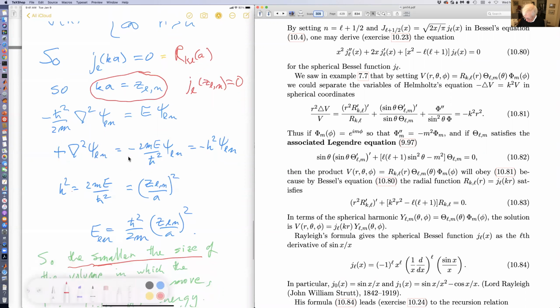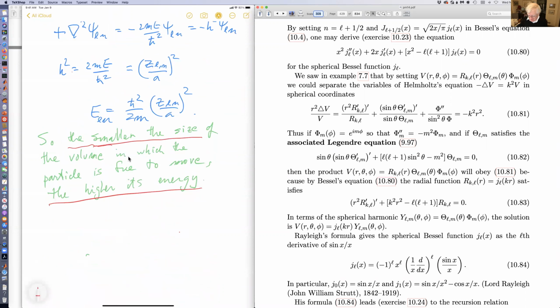The point here is that the smaller the size of the volume in which the particle is free to move, the higher is its energy. That's a general feature of quantum physics, and you can see examples of this in musical instruments. The smaller the instrument, the higher the frequency of the sound.